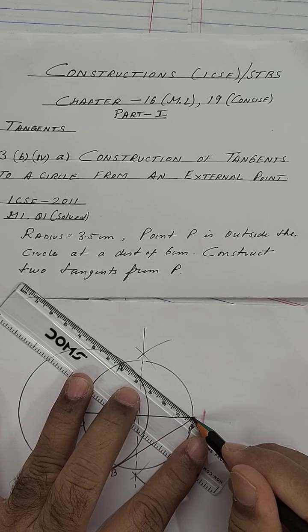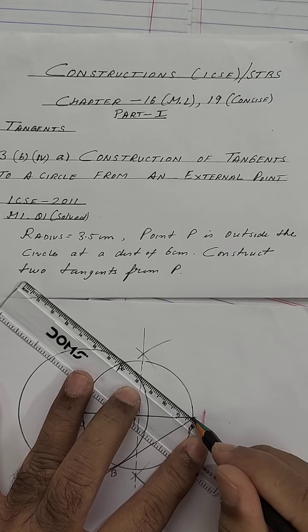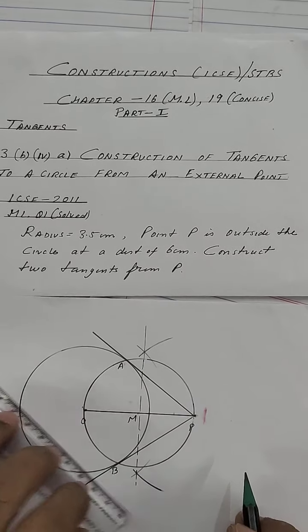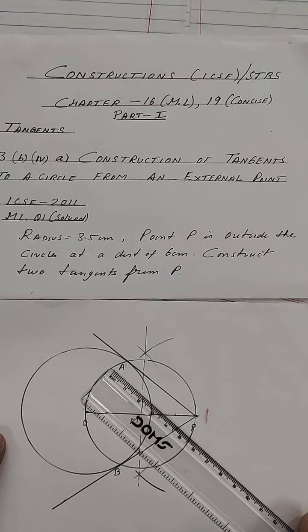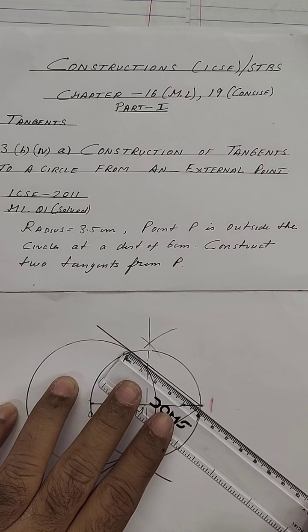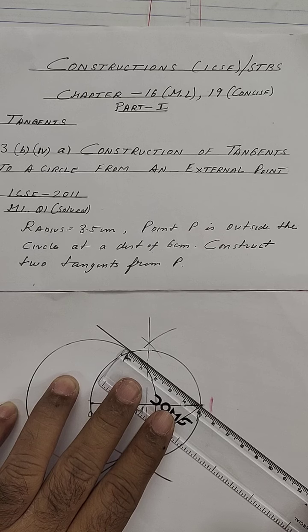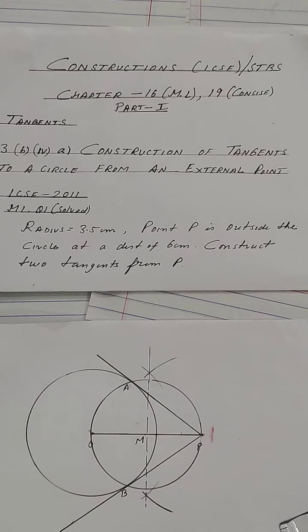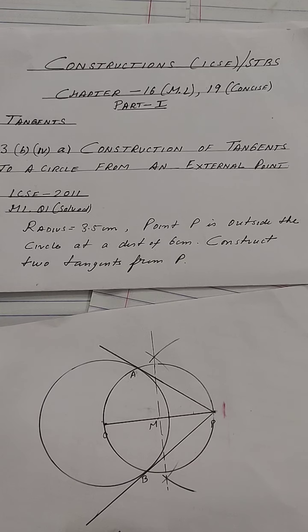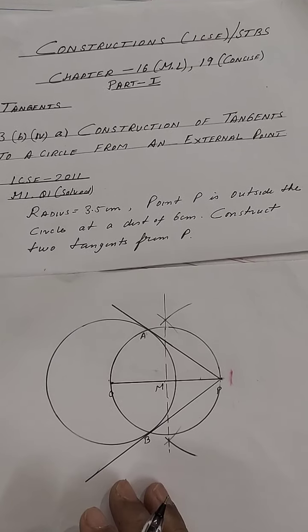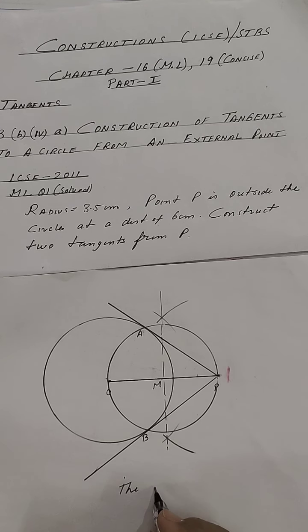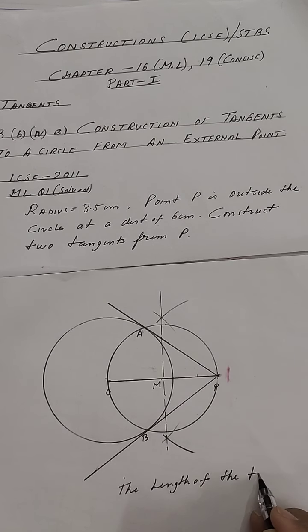So you draw PA and PB as the two tangents, and when you measure, children, you roughly get the length of the tangent, PA or PB. Write it with a pen. The lengths of the tangents are both equal, children.